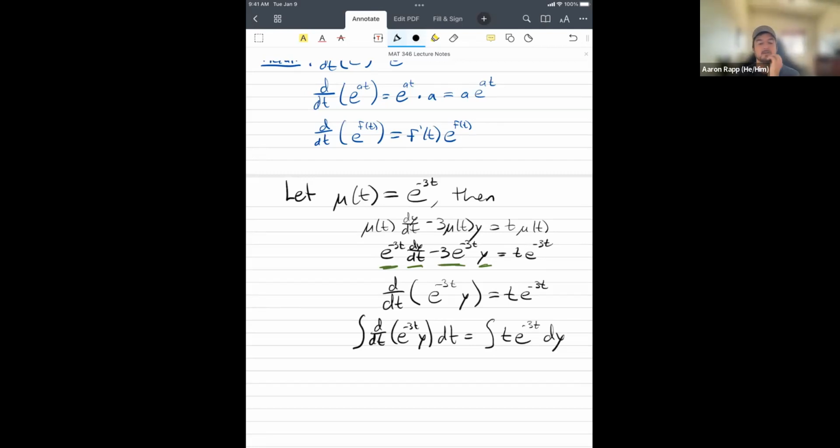And one of those integrations is pretty easy to do. Which one is it? And what is the value of that integral?